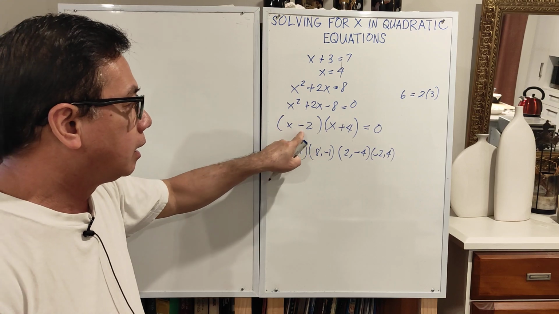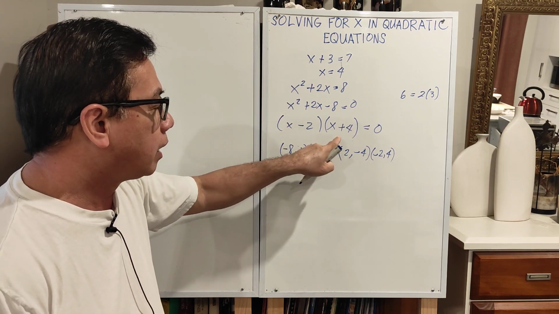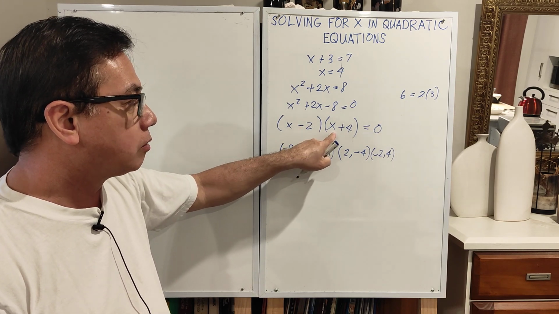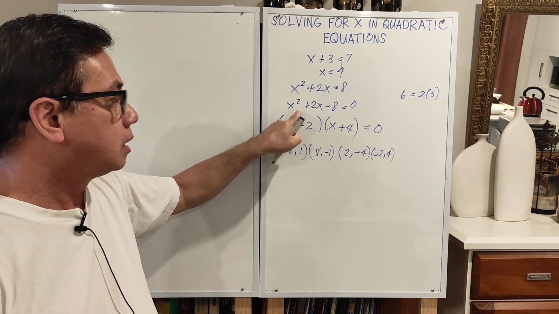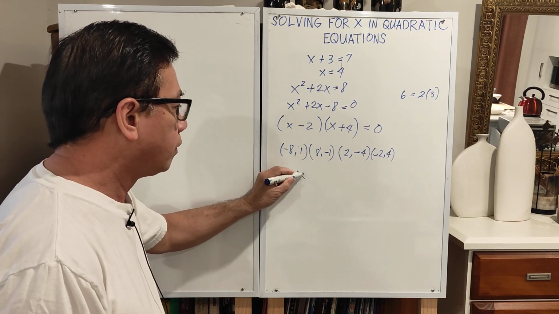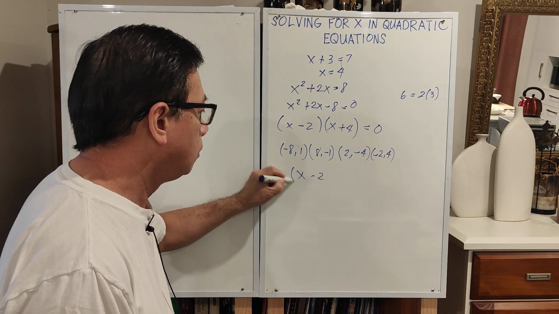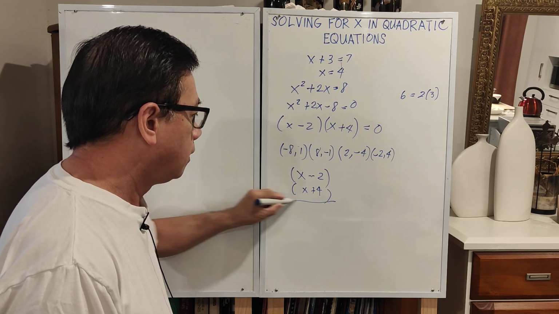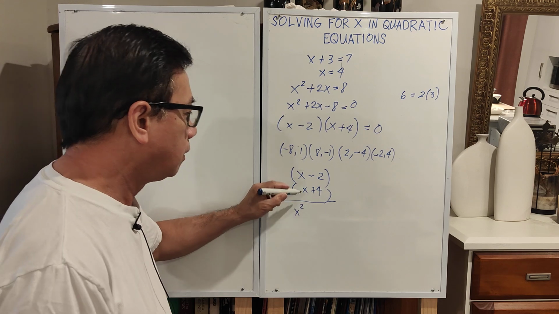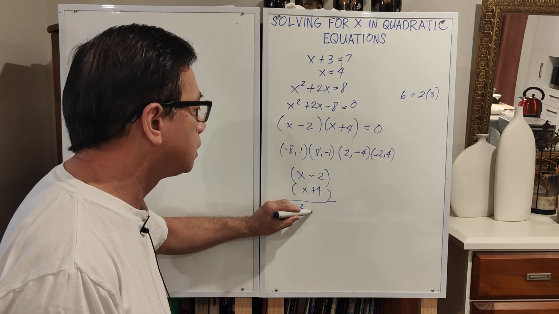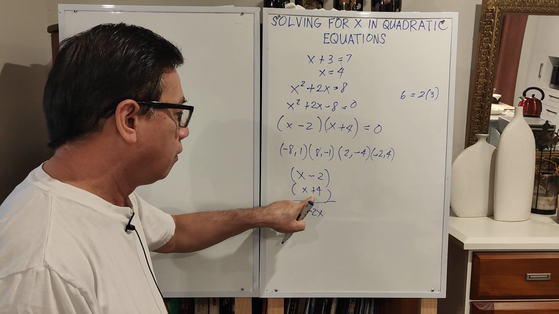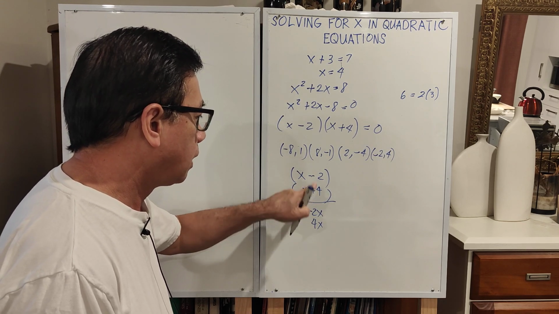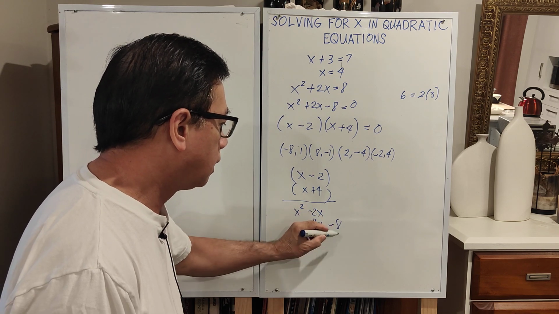Now, to check that our answer is correct, we multiply these two binomials to see if it will come out as this trinomial. So we multiply x minus 2 times x plus 4. x times x is x squared. x times negative 2 is negative 2x. 4 times x is 4x. 4 times negative 2 is negative 8.